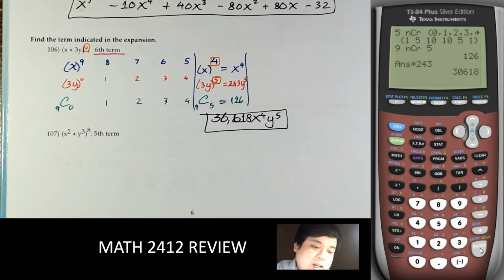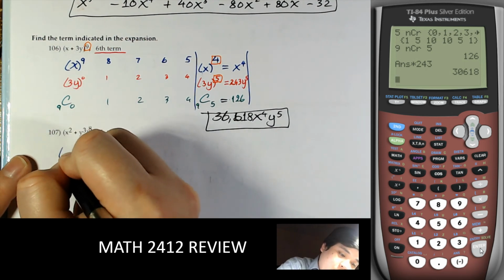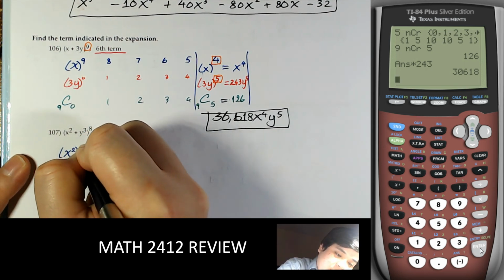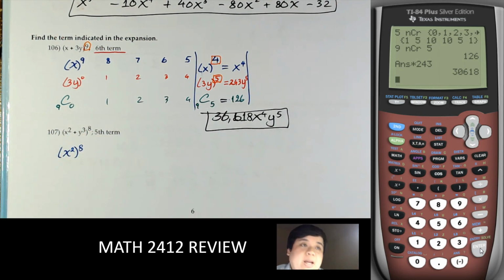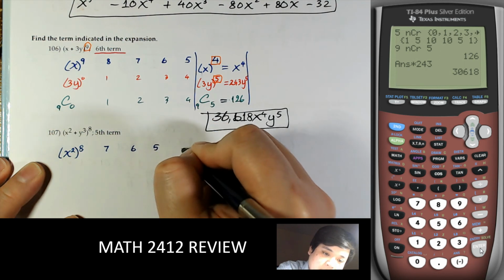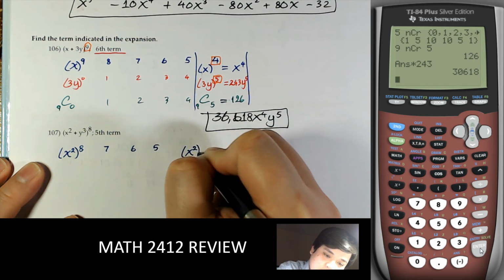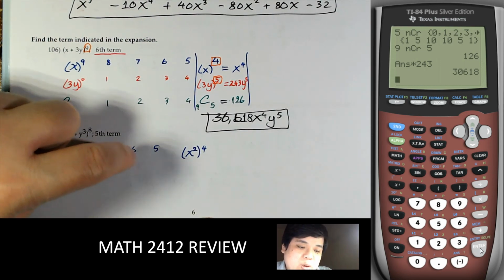The same thing. Next one, we want the 5th term. So we start with the 8, 7, 6, 5, and then 4. 1, 2, 3, 4.